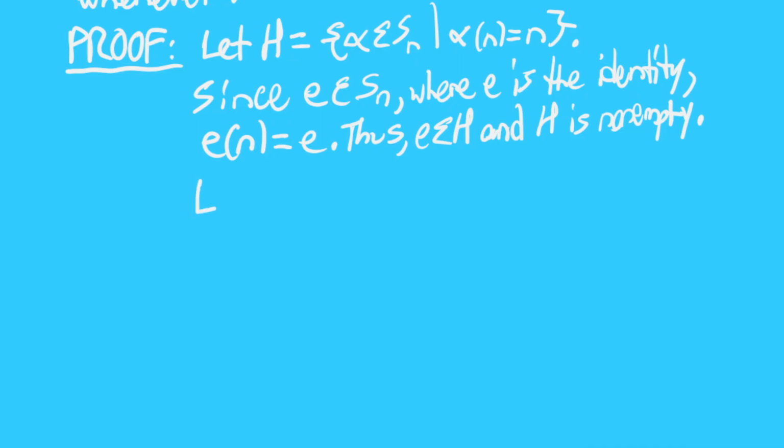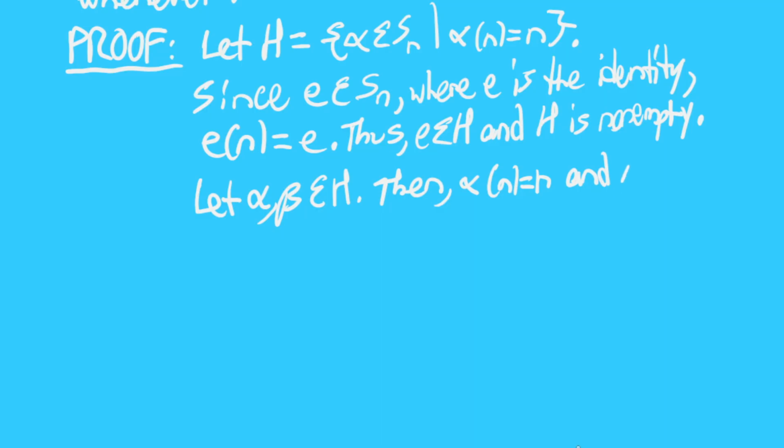And then let's let alpha and beta be elements of H. So then we have alpha of n equals n, and we also have beta of n equals n.